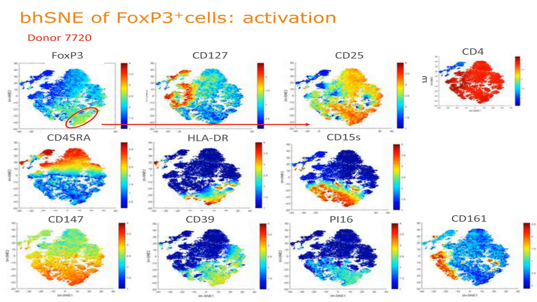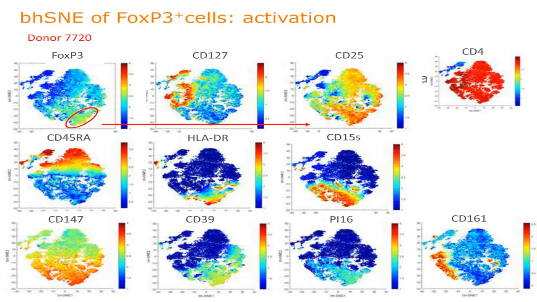So when we look at FOXP3 high expression, we can see that it actually correlates with the CD25 bright cells. So the high antigen, as we saw CD25 within the T regulatory subset had a higher expression level in one subset, and then maybe the 127 brighter population had a lower level of CD25.